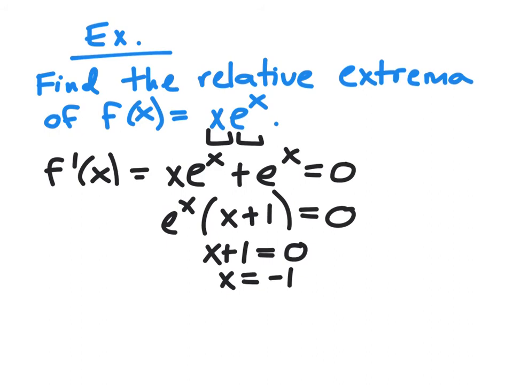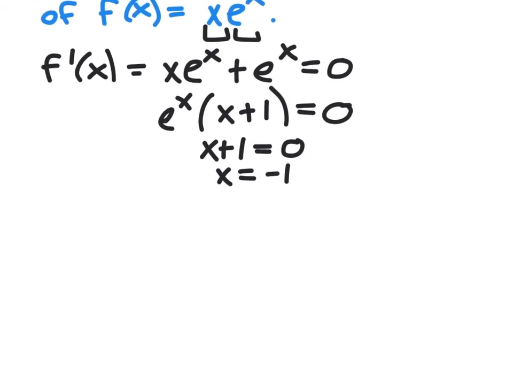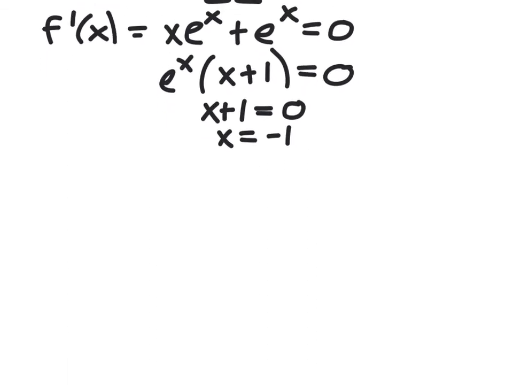Once you have the critical value, the next step is we have to put that on a number line for the first derivative test. So I'm going to move this up for a moment. I'm going to draw my number line, put the critical value on there, and then I need to determine what are the signs for f prime around that critical value. So I can plug in some test points. Let's plug in negative 2 on the left, 0 on the right, and I'm plugging that into f prime.